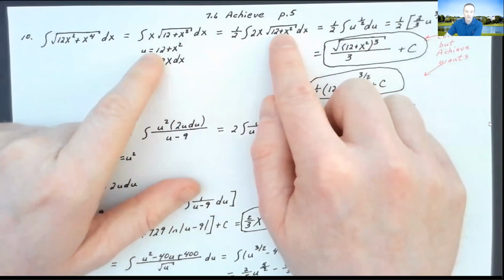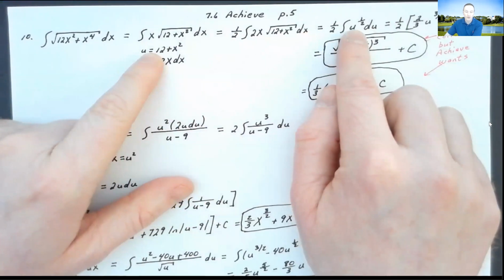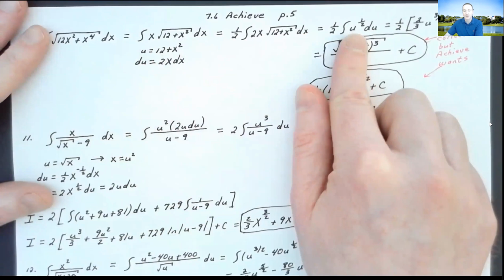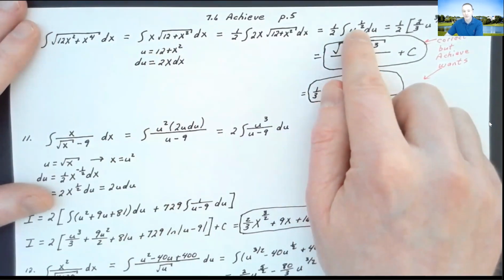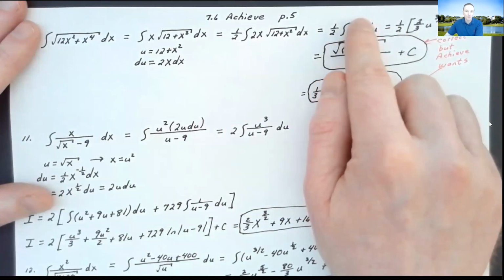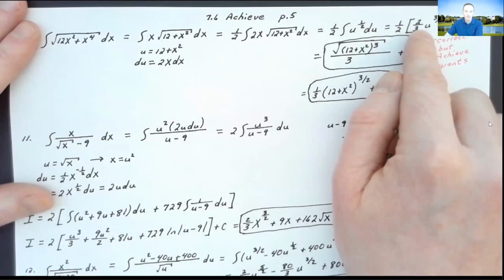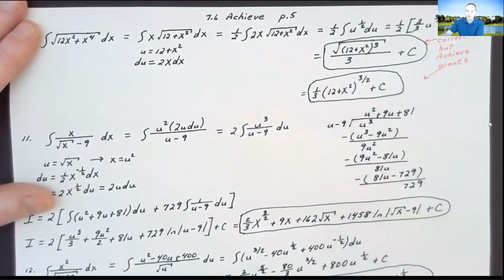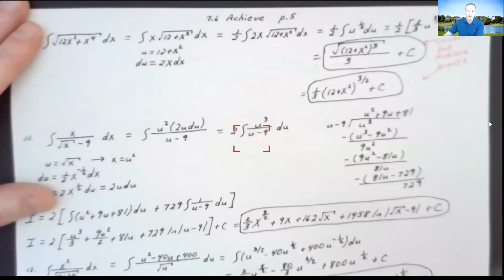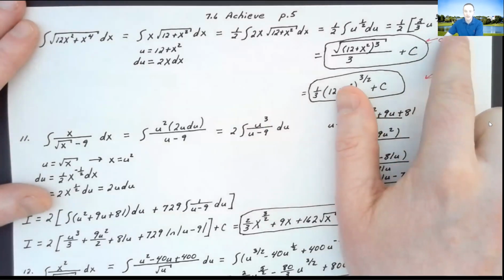My square root's just going to become the square root of u, which I can more easily call u to the 1/2 power, since I'm going to have to use the power rule on it. Now, in using that power rule, we'll have 1/2, and then this is going to become u to the 3/2 divided by 3/2, which means times 2/3. So I get 2/3 u to the 3/2 power there, plus my constant of integration.